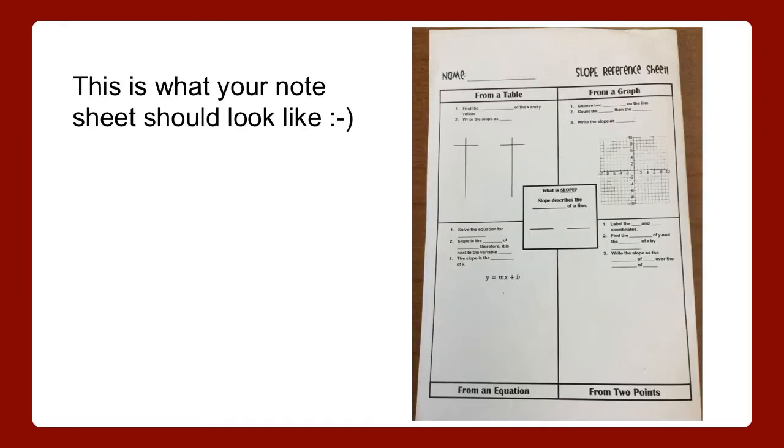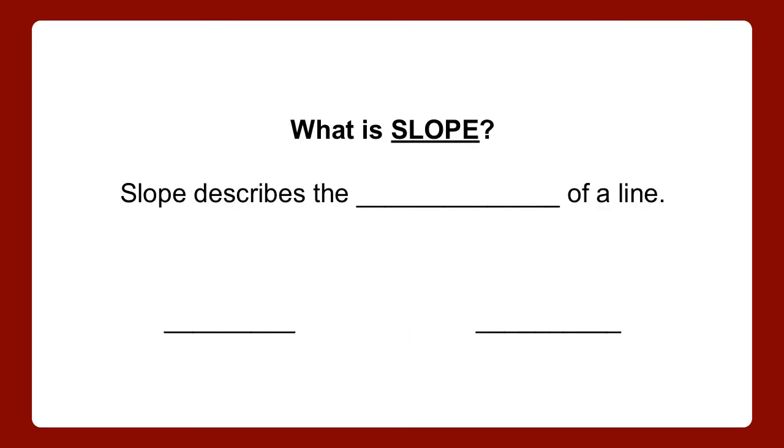Okay, so this is the note sheet that you should have grabbed or will need to grab from me to write on. So in the middle of your Frayer model on your note page, you see something called what is slope. Slope describes the steepness of a line.